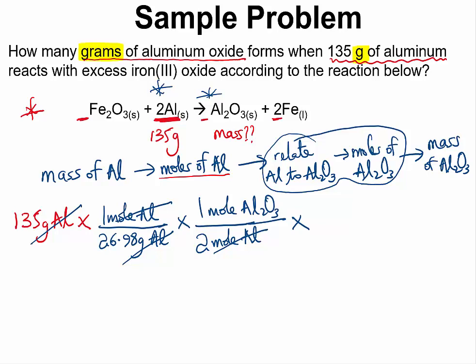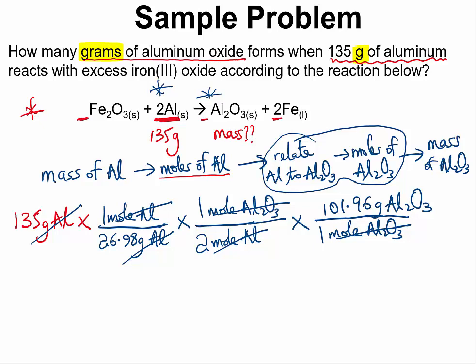So the relationship between the mole of aluminum oxide and the grams will be that 1 mole of aluminum oxide will have a mass of 101.96 grams of aluminum oxide, which is essentially saying the molar mass. And the moles of aluminum oxide will cancel out.